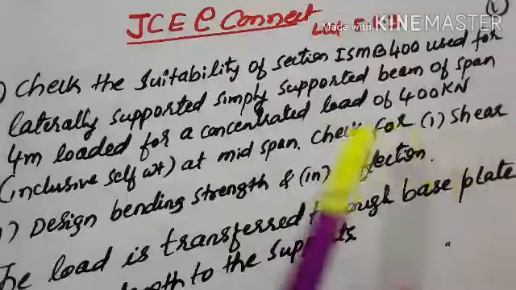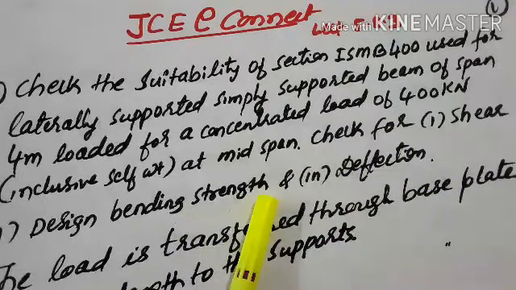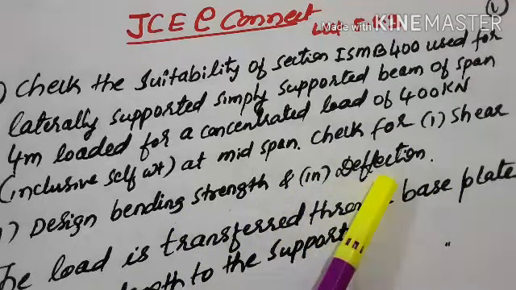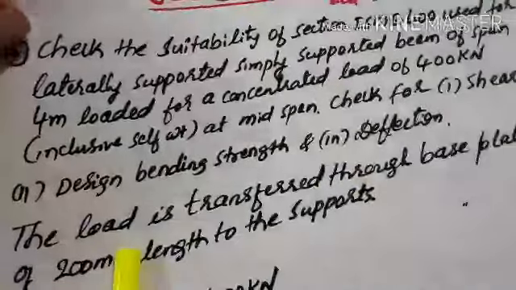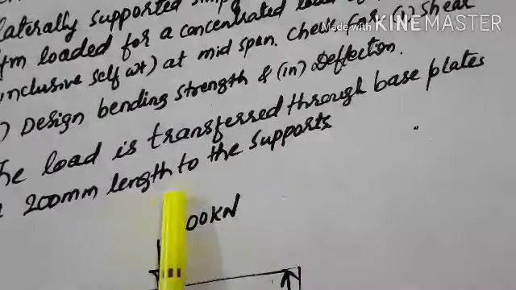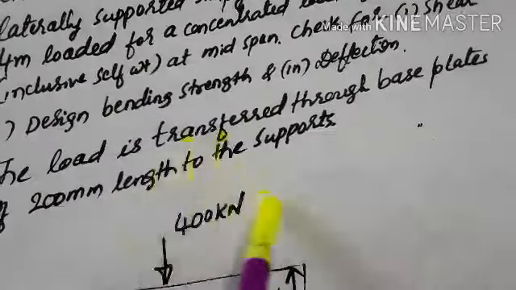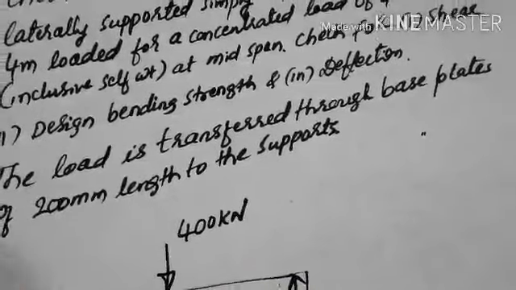Check for shear and design bending strength and also check for deflection. Then the load is transferred through a base plate of 200 millimeter length to the support. Okay, so this is the design problem given.